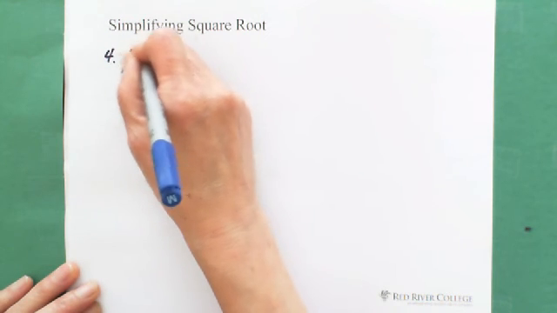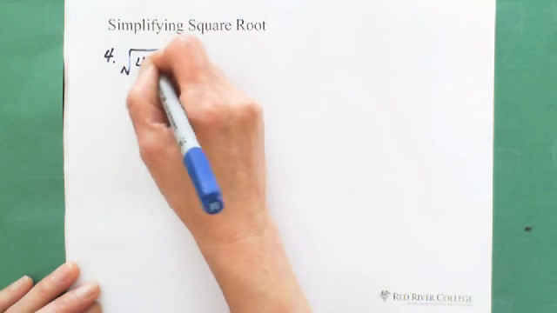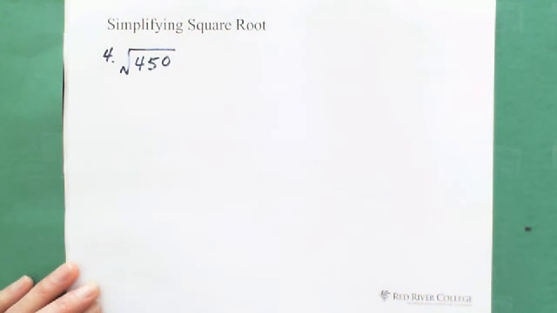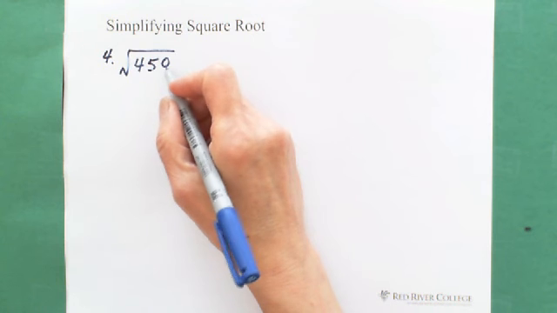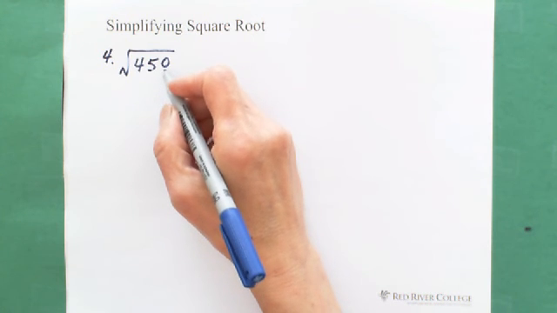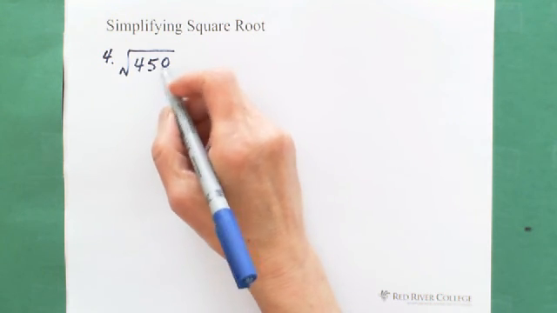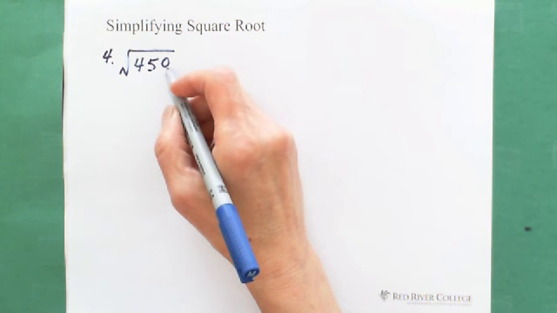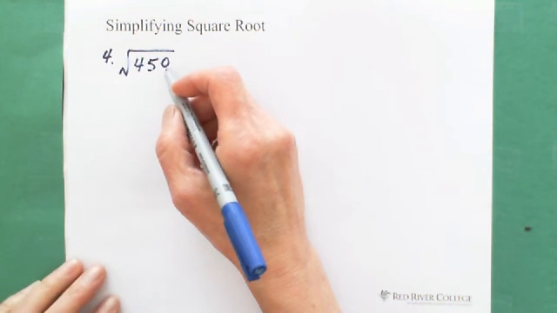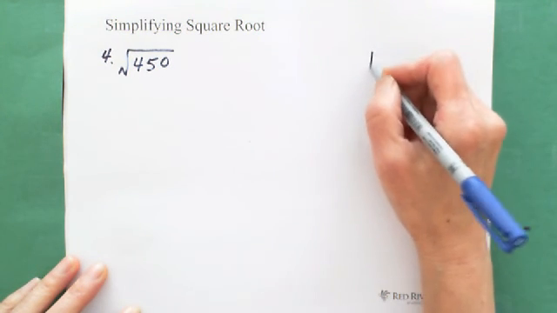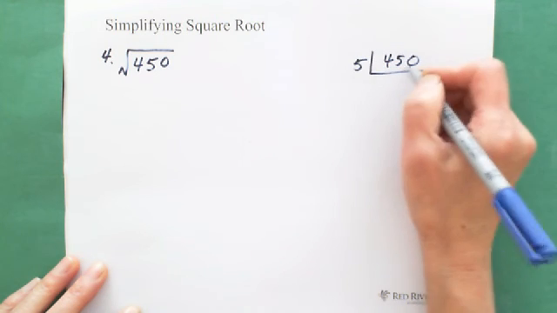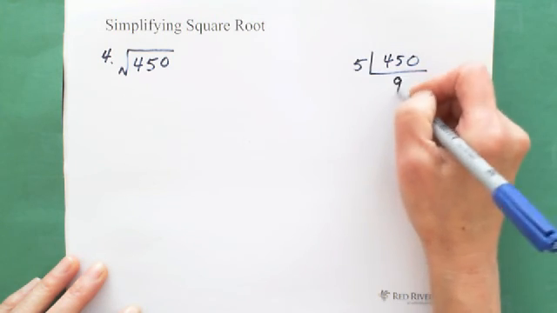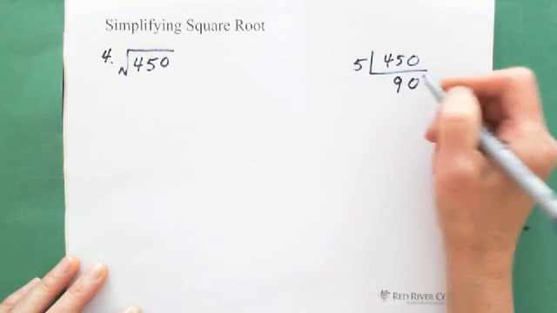The last question I want to show you, question 4, is the square root of 450. This is an even number, because 0 is the last digit, but it is also divisible by 5. So we try dividing by 5. 450 divided by 5: 45 divided by 5 is 9, carry on 0.